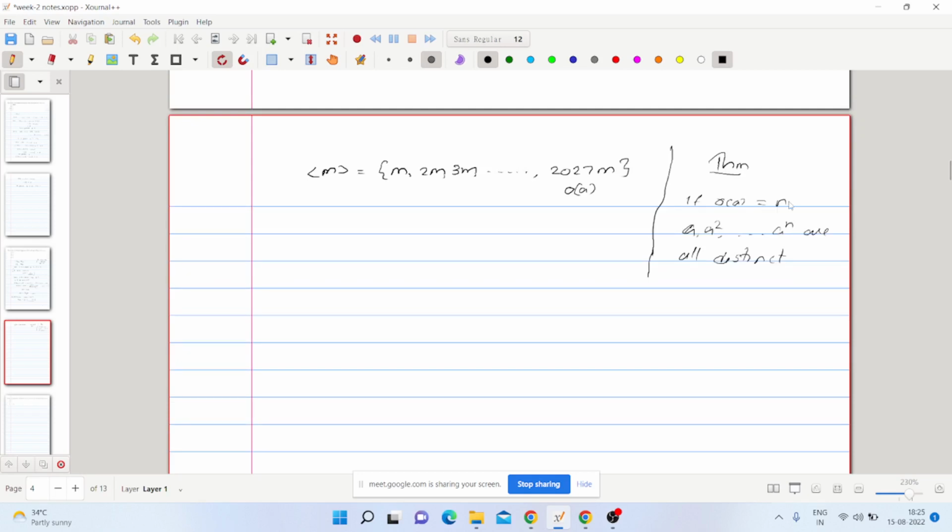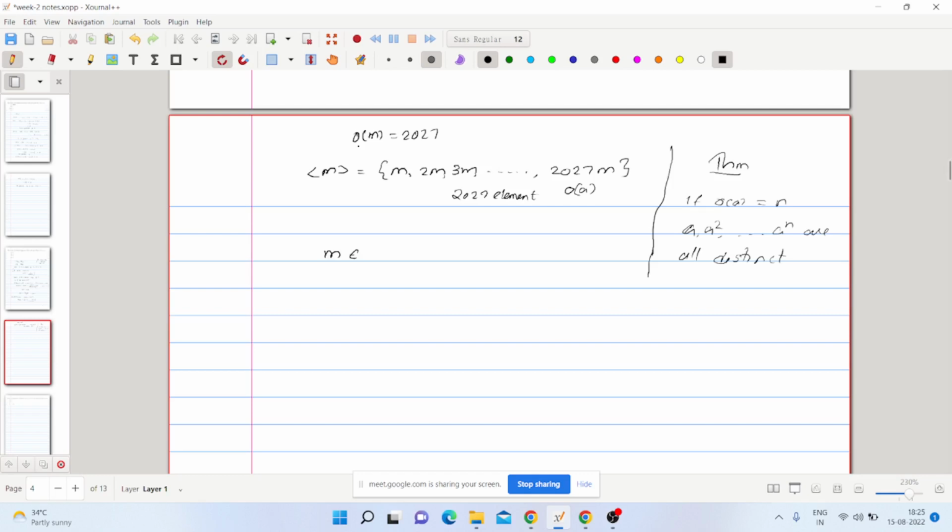Do you know about this theorem? Okay, so if the order of A is n, A, A square, etc., A power n are all distinct. Here we already got the order of m is 2027. So here m, 2m, etc., 2027m are all distinct elements. Okay, so here we got 2027 elements.